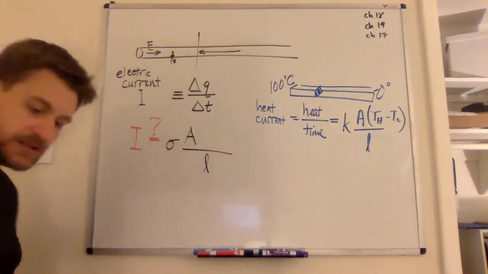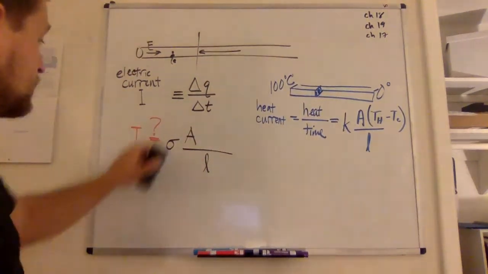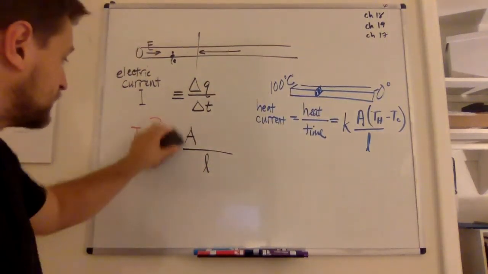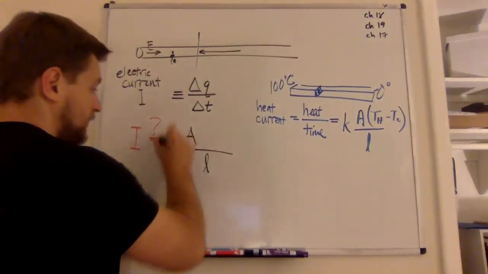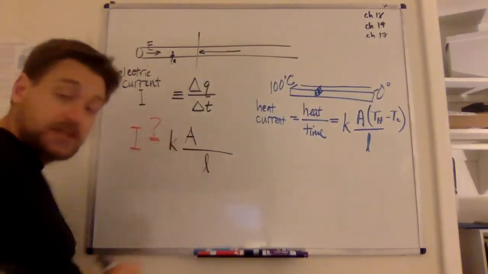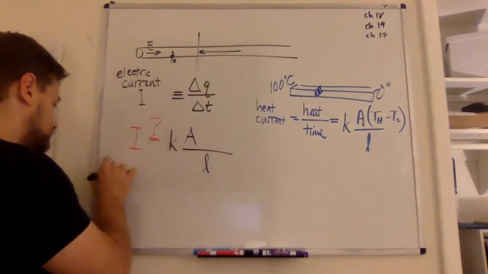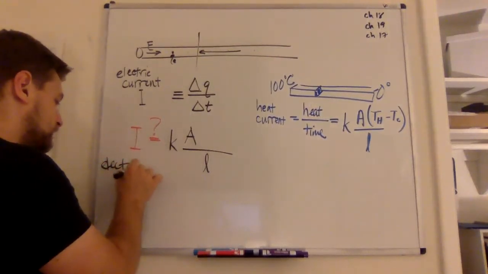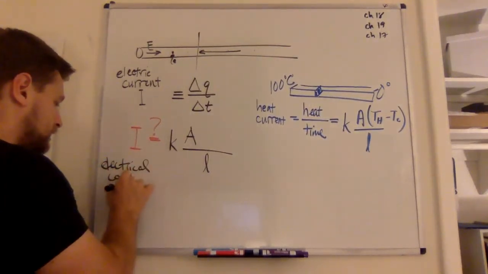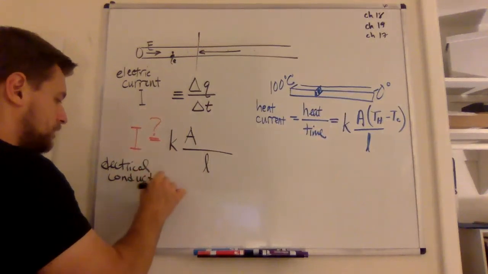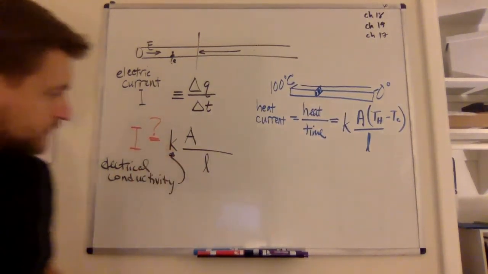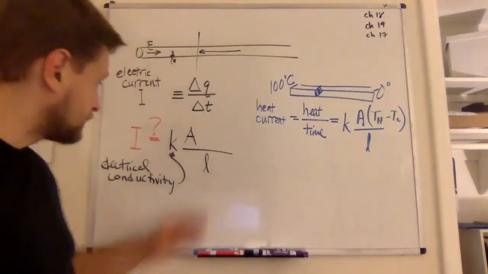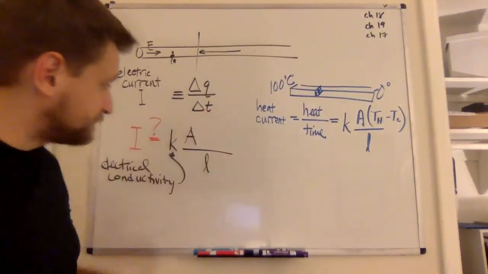That's confusing. It's the symbol we turn out to use, but we've already seen sigma, and it was charge density. So I don't want to. I'm just going to call it K for now. Electrical conductivity. And the missing piece.